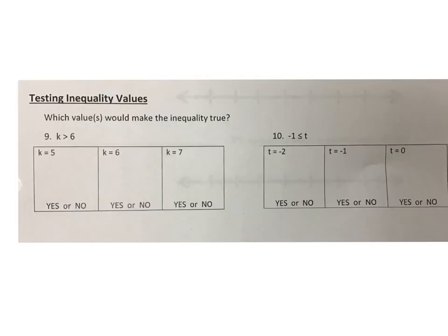Looking at this next section, it's kind of similar to what we did when we plugged in solutions for equations. There could be more than one answer for these because they're inequalities. So you really have to test them all. Our inequality is k is greater than 6. All you have to do is substitute in k with 5 and see if it's true. 5 is greater than 6?